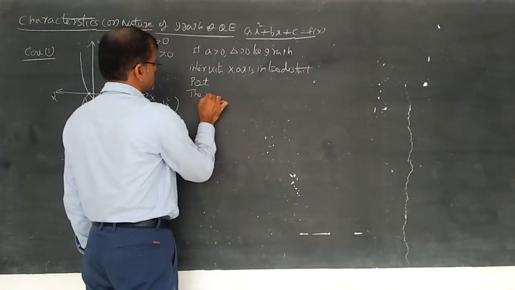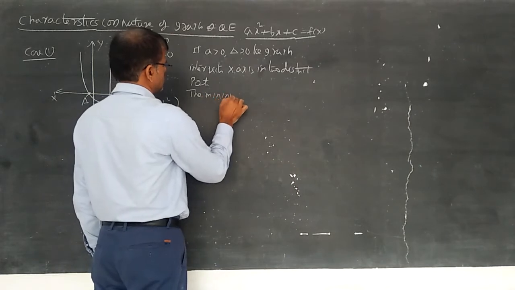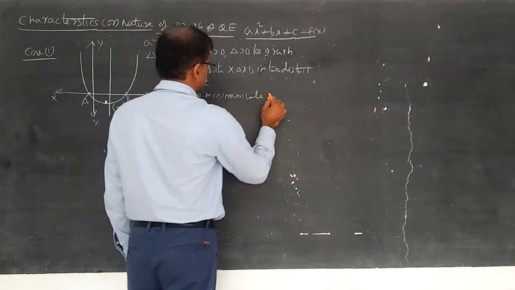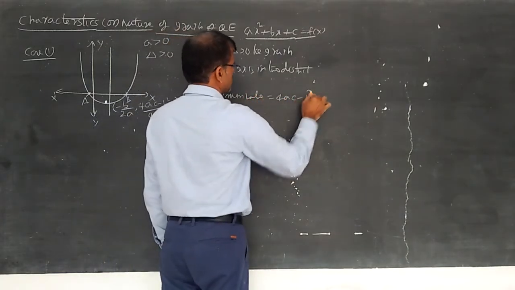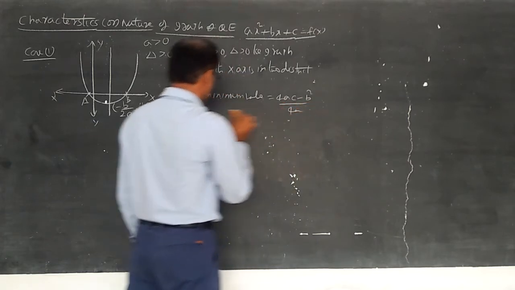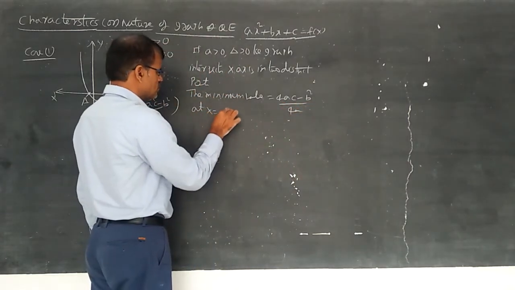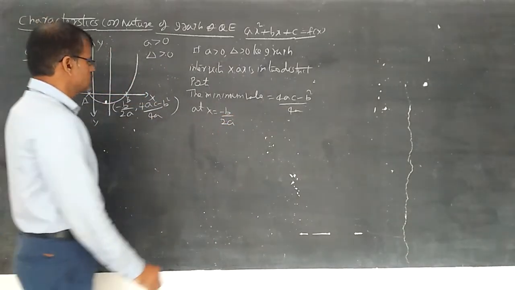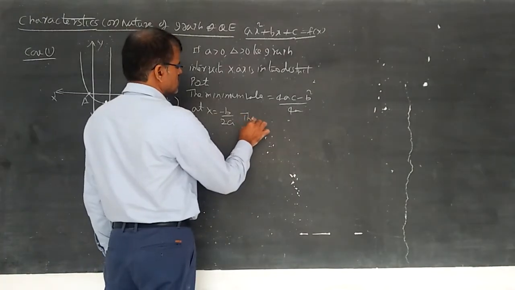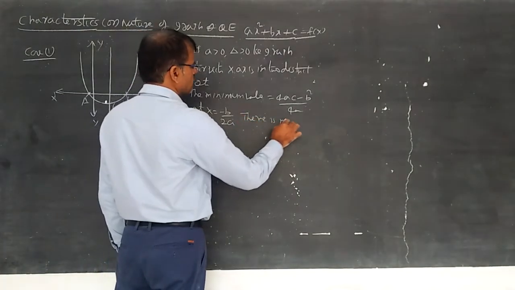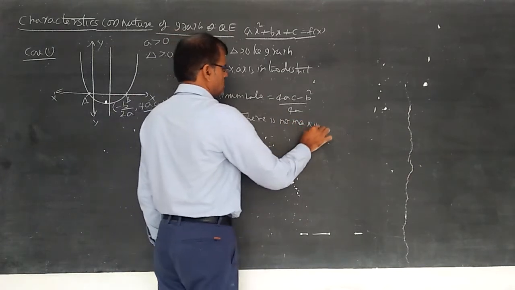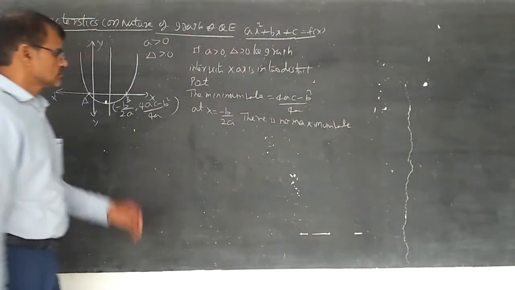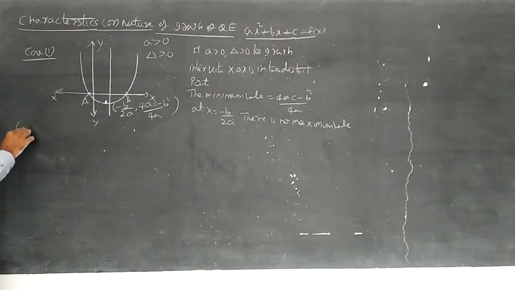The minimum value is equal to 4ac minus b square by 4a at x equal to minus b by 2a. And you can say that there is no maximum value. That's all.